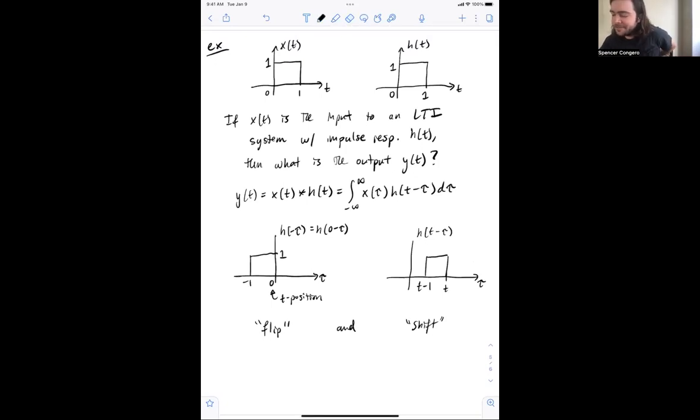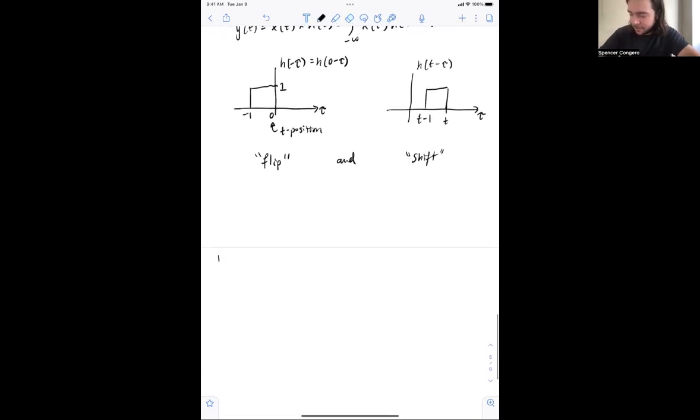You can imagine for different values of t, for different places where this square is located, this integral might have different bounds, it might have different values, it might change depending on the value of t, depending on where I've shifted the square to be. So there are different cases we have to consider.